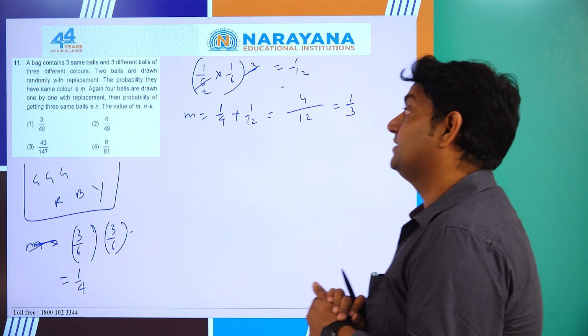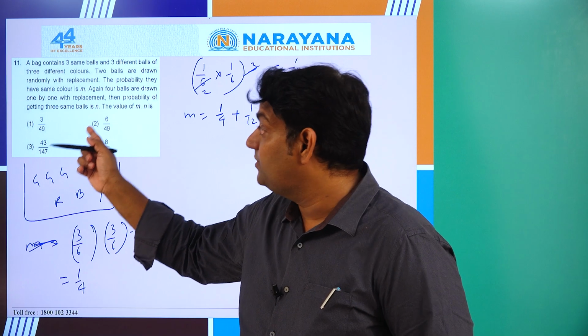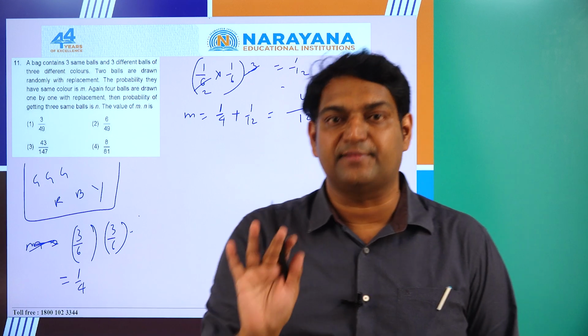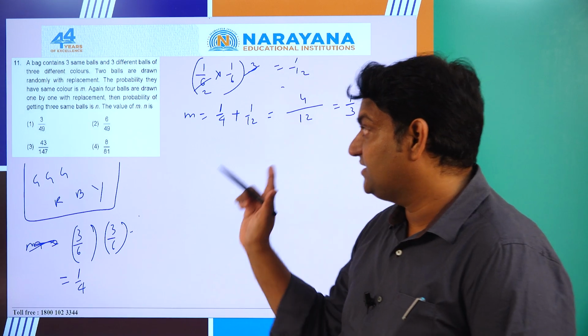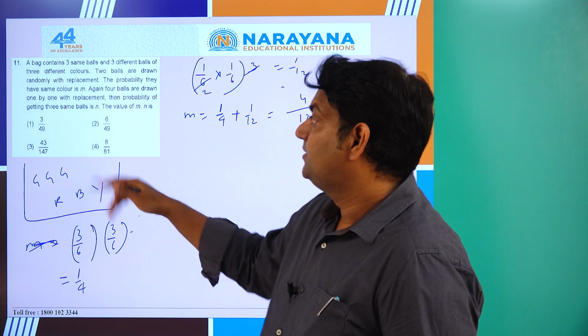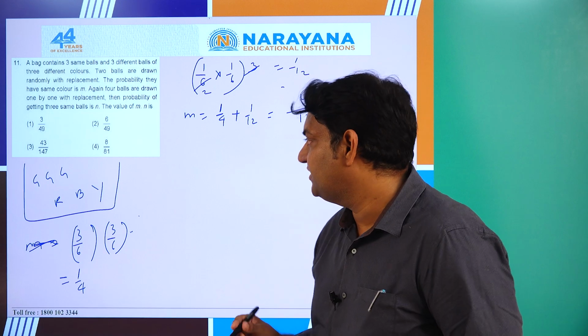Now see very carefully. Now the second case. Again 4 balls are drawn one by one with replacement. Then the probability of getting 3 balls of the same color, exactly 3 of the same color. Again, this is completely memory based, so some points may be missed.